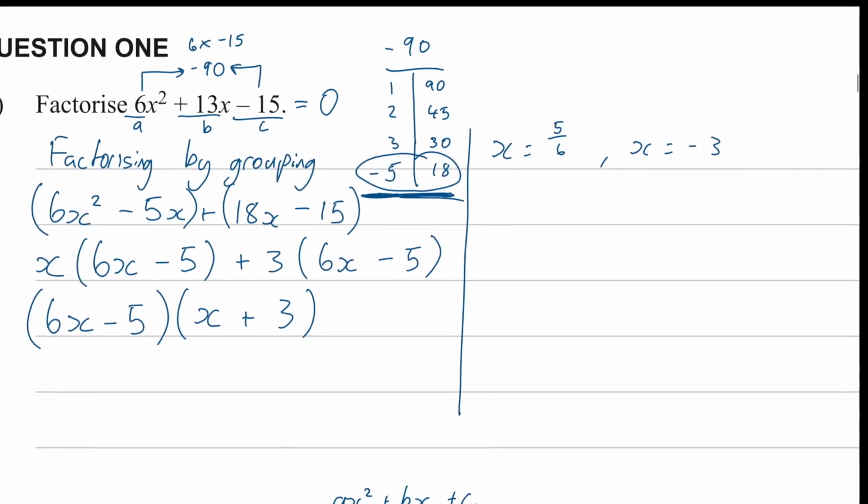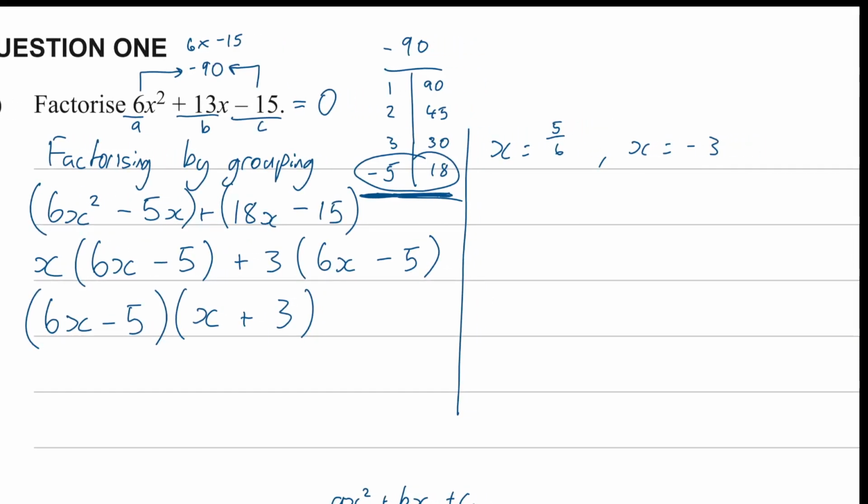Cool. Now let's reverse engineer the factorized form. So we'd have our brackets. Let's keep it as an equation for now. And we would have x, instead of plus 5 over 6, we'd actually have the opposite sign.